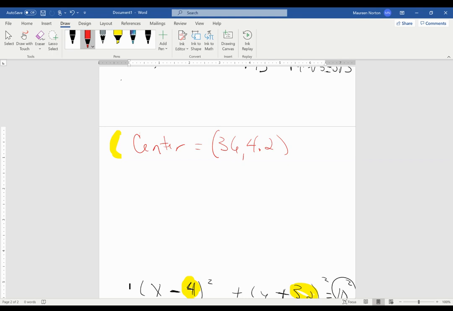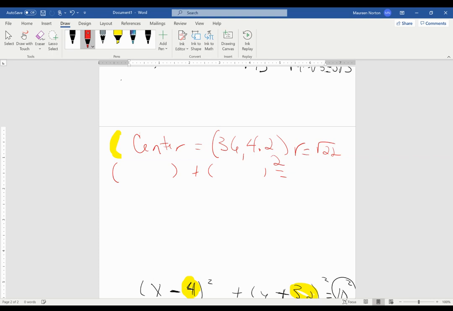We also need to know what the radius is, and we're going to say the radius is the square root of 22. So how do we find what everything is? You do your two parentheses plus, and then our equal sign.